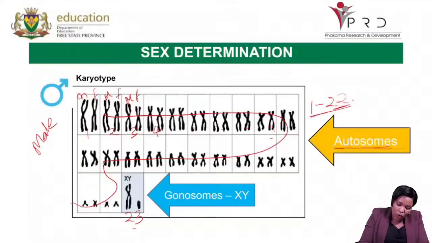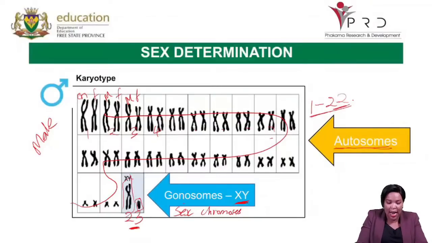However, when you get to chromosome number 23 in a karyotype, that is your gonosomes or your sex chromosomes. So what are the sex chromosomes? They are the ones that tell you whether this person is a male or a female. And this one is of a male because it is XY. Remember, X is a little bit bigger or longer than the Y. So the Y is a shorter chromosome.